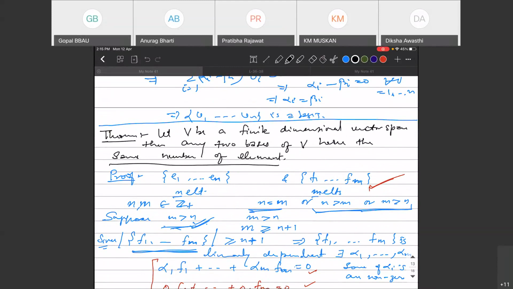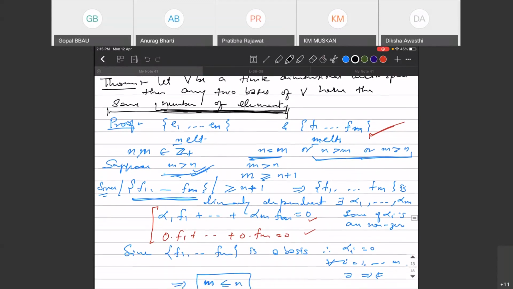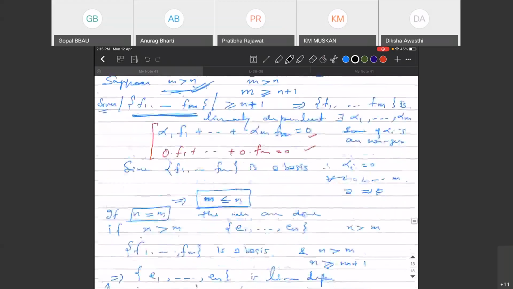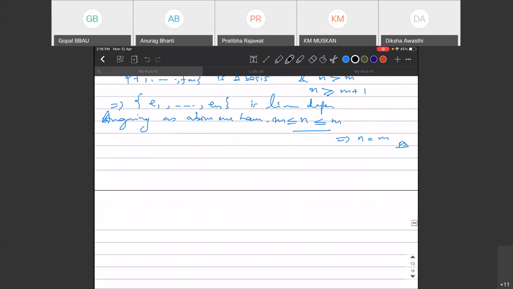Is there any concept in vector space which comes from this number of elements of a basis? Why is this number important? What is its significance? Why are we bothering about this?